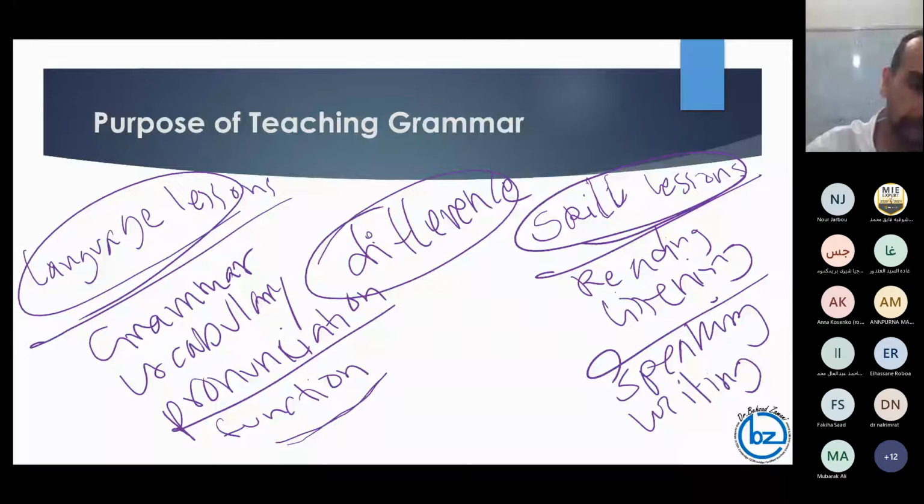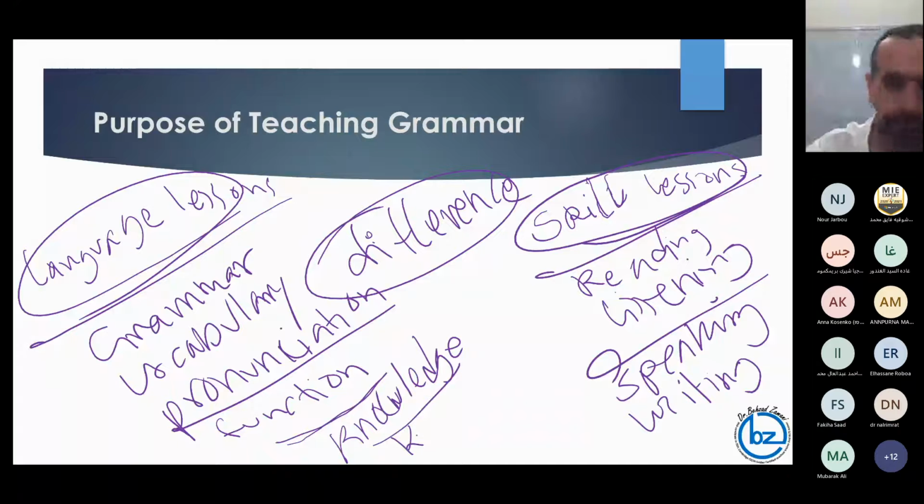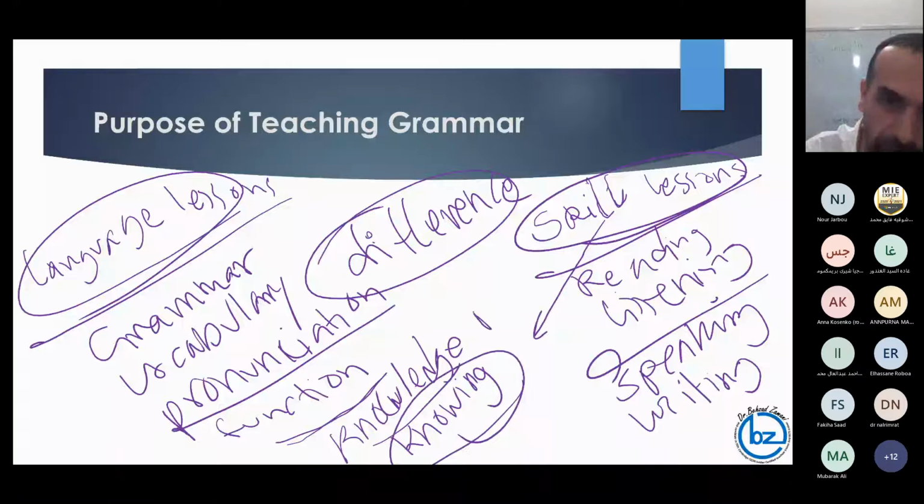Language is the matter of knowledge, so it's the matter of knowing. You want to add something to your students' prior knowledge, or you want to tell them something and they want to know something. But when it comes to a skill lesson, it's the matter of doing.